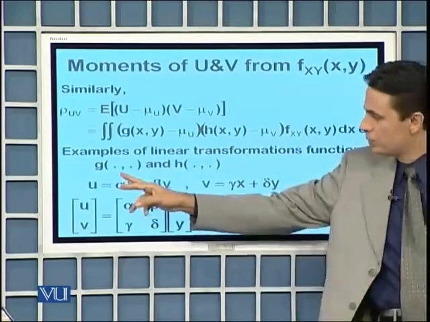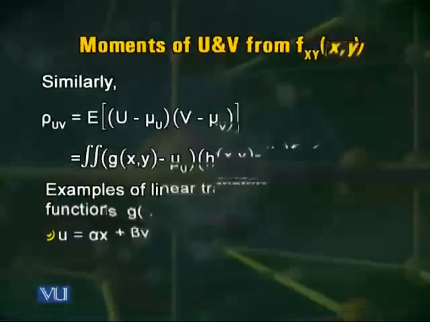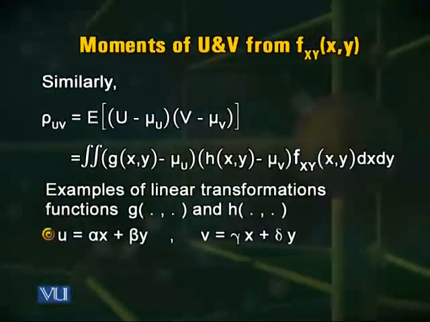So if the value of random variable u is equal to alpha times x plus beta times y, this is the kind of linear transformation which combines the value of x with value of y to give you a value of u. And similarly, this is the kind of transformation which combines the value of x and value of y to give you a value of v, which is equal to gamma times x plus delta times y.